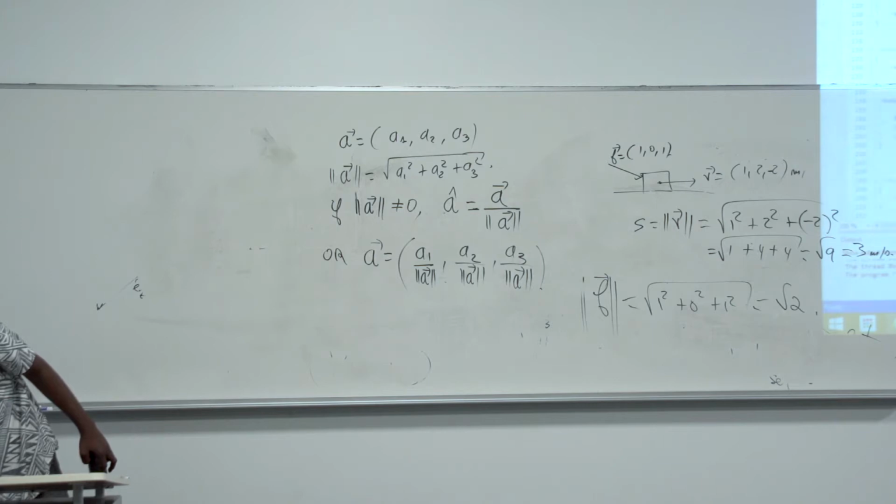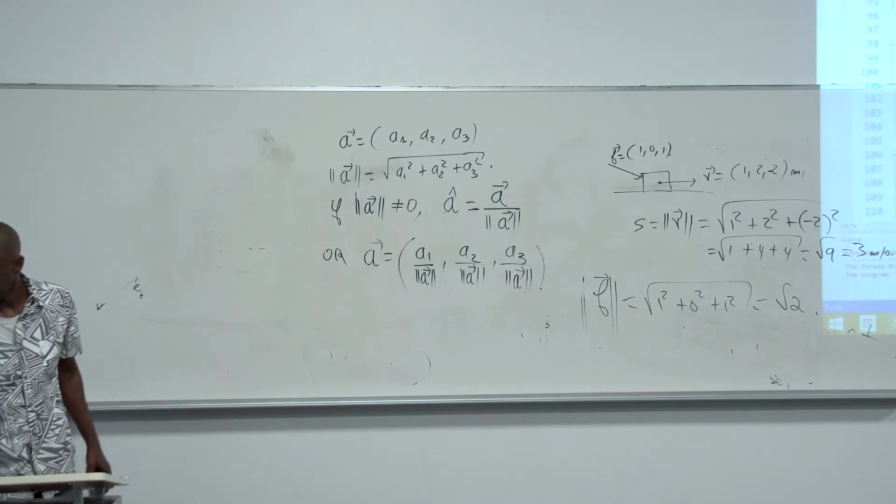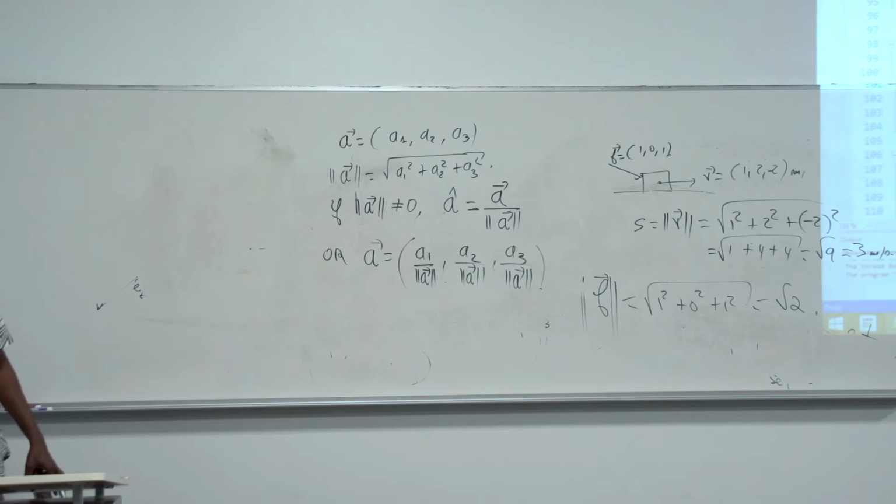I'm looking for it. If I don't have it, that's fine. It has to be if, oh, here it is. Give me a second. So this is how we normalize a vector.